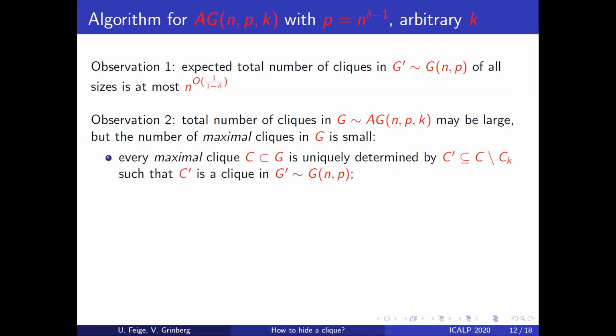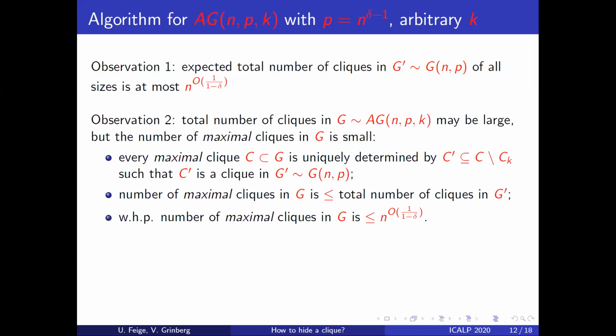One can observe that every maximal clique in G is uniquely determined by its subgraph that does not contain any vertices of the planted clique, while being a clique itself in the original G(n,p) graph. This is because to get a maximal clique in G, we can take some clique in the original G(n,p) and add its common neighborhood in the planted clique. As a result, the number of maximal cliques in G is at most the total number of cliques in the original random graph, which, as mentioned earlier, is bounded by a polynomial in n.